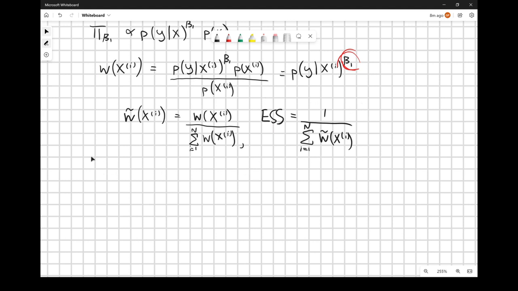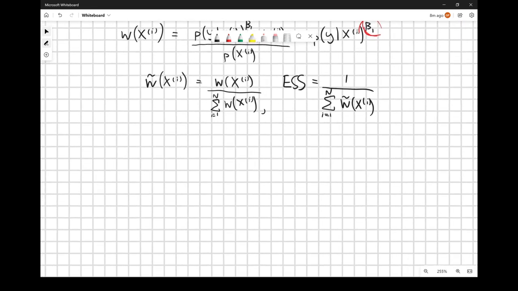So we can plot, for example, how the effective sample size changes for different values of beta 1. In this case, you would end up with something that looks a bit like this. On the horizontal axis, I'm going to have beta 1, and on the vertical axis, effective sample size.